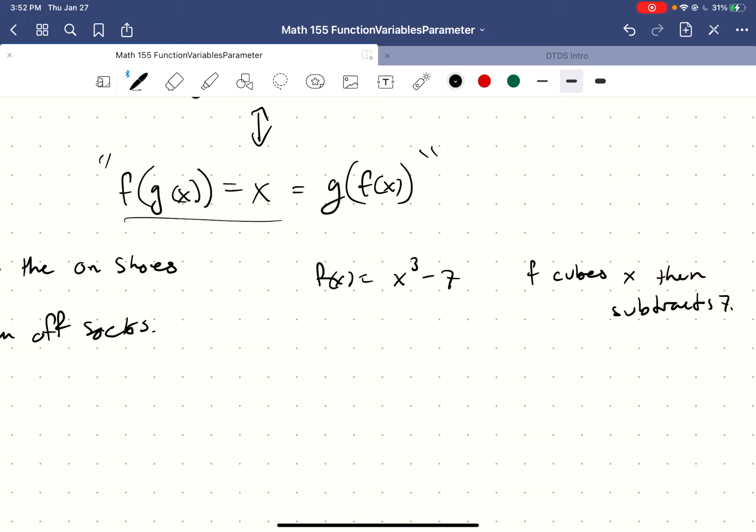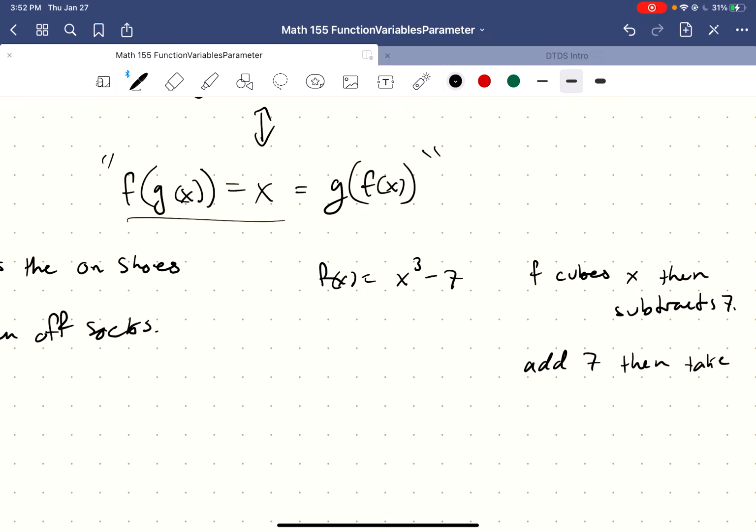Now, if we were to do the opposite actions in the opposite order, we would have to first add 7, then take the cube root. So let's build that function. G of x, the first thing it will do is add 7 to the input, then it will take the cube root of that whole thing.